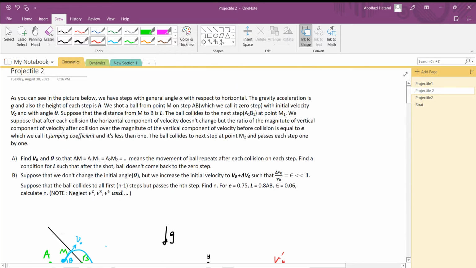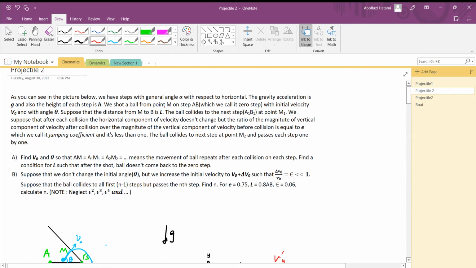Let's go to part B, which is actually the challenge, which has some challenges to do. First, I should tell you some notes about, for example, the fact that epsilon here is going to be so small.